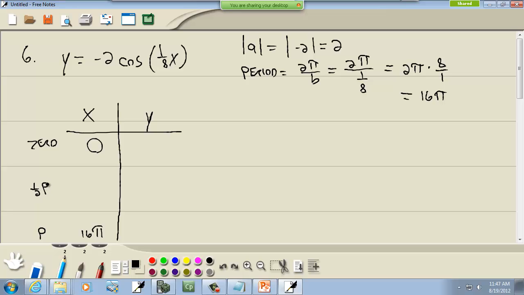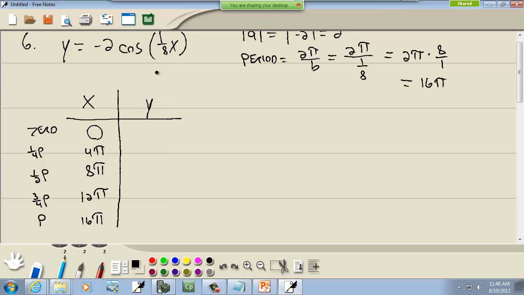Always in the middle is half of our period, and half times 16 pi gives us 8 pi. This is 1/4 of our period, and 1/4 times 16 pi gives us 4 pi. And this is always 3/4 times our period. 3/4 times 16 gives us 48 over 4, which gives us 12 pi.